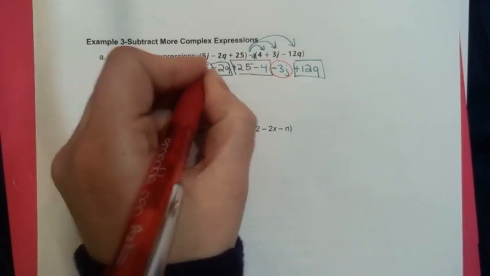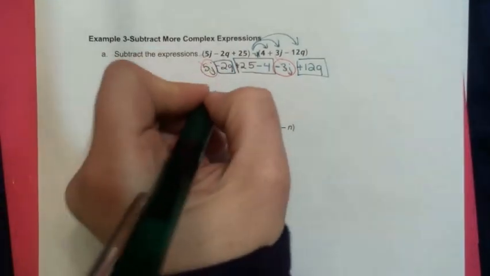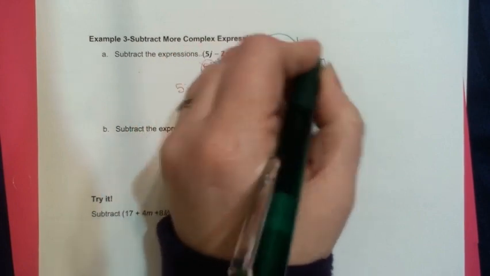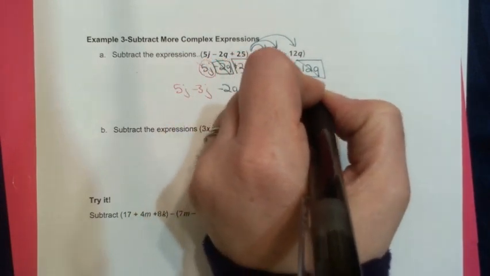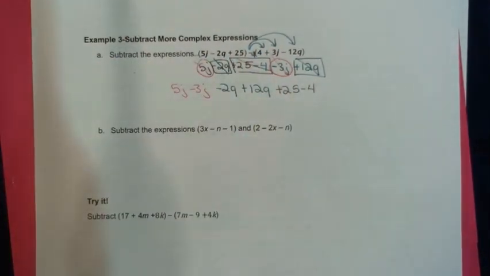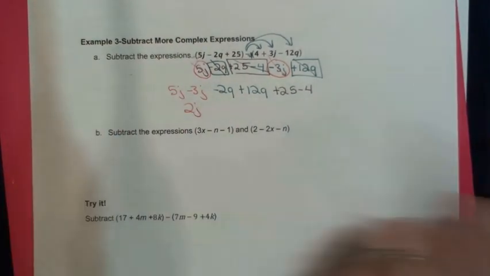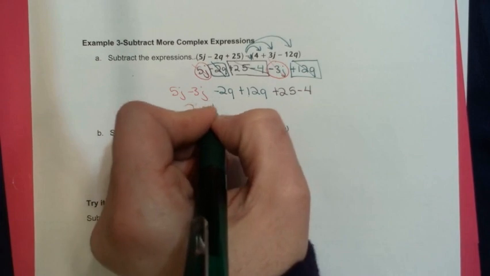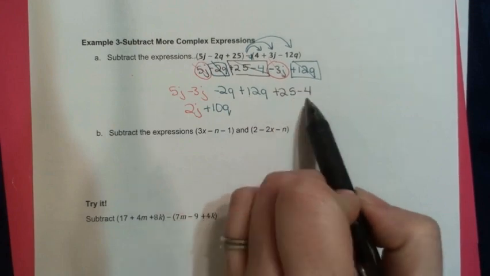So 5j minus 3j, -2q plus 12q, and then a positive 25 minus 4. All right, so 5j minus 3j will give me 2j's. -2q plus a positive 12q will leave me with a positive 10q. And 25 minus 4 will leave me with a positive 21.